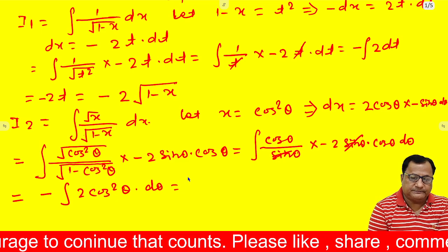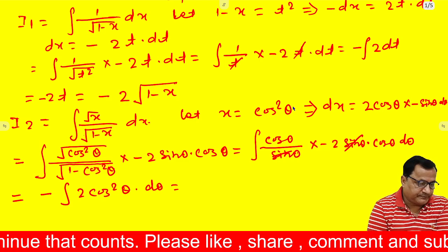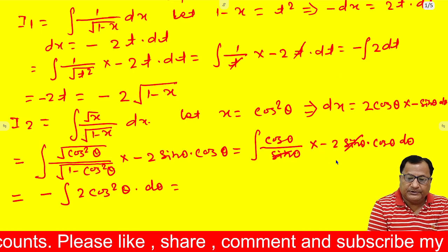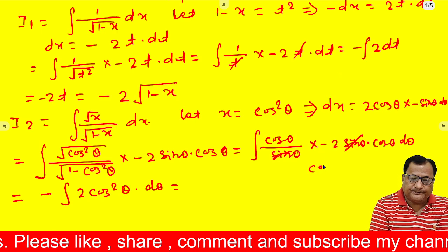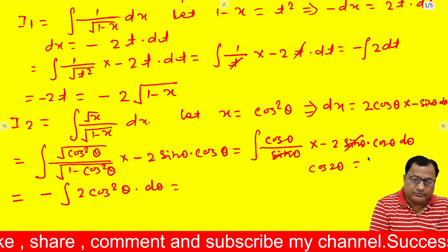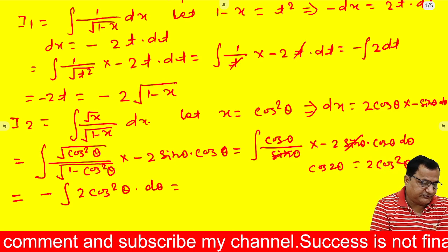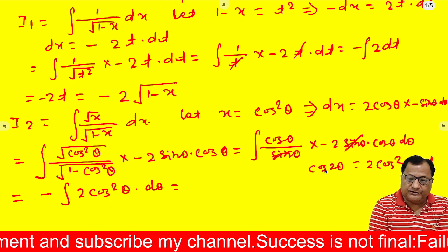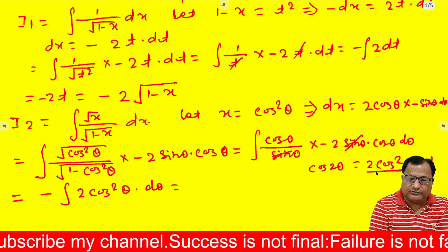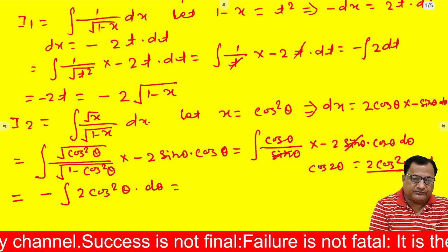There is a formula: cos 2 theta is equal to 2 cos square theta minus 1. So from this formula we can write 2 cos square theta as cos 2 theta plus 1.